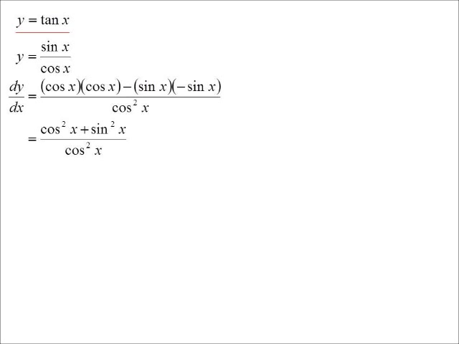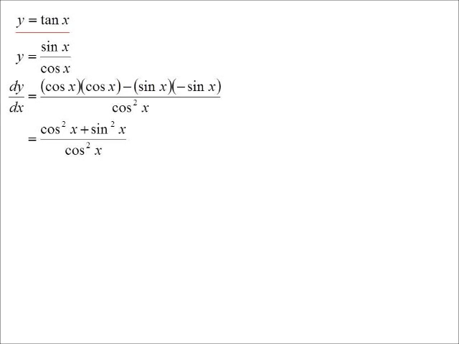Okay, let's have a look at tan. Tan I could rewrite as sine on cos. And so now I could use a quotient rule to work out the answer. So we'll square the bottom, that becomes cos squared x. Write down the bottom, cos x. Diff the top, well we just saw that when we differentiate sine x, we get cos x. Minus, write down the top, sine x. Diff the bottom, and we just saw that when we differentiate cos x, we get minus sine x.